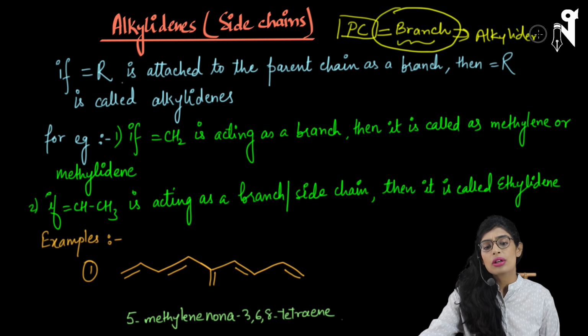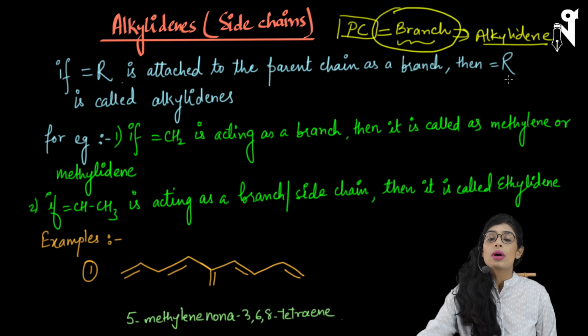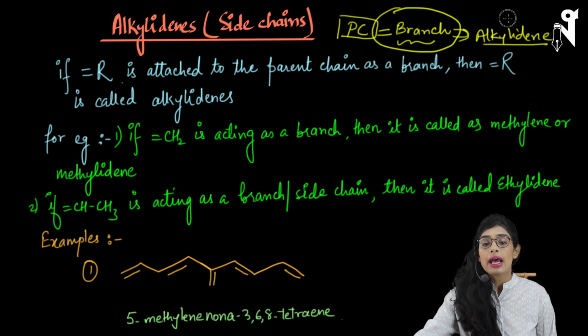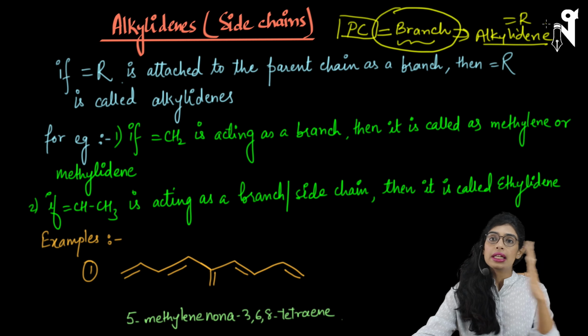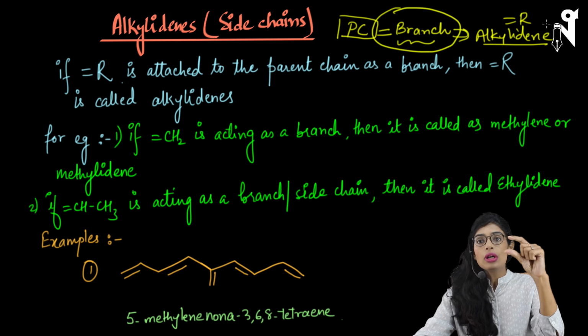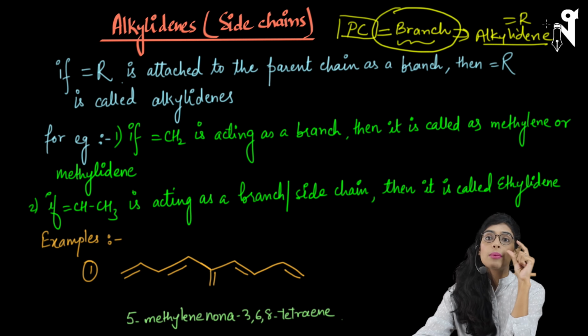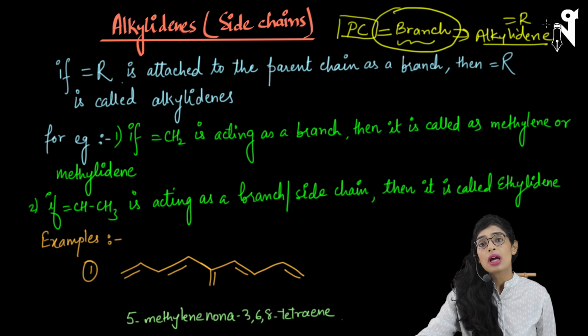This can be any length of carbon chain, by the way. So I can also write it as a double bond and an R group. R means nothing else but any length of carbon chain. The double bond represents that your branch is attached to the principal carbon chain using not a single bond but a double bond.